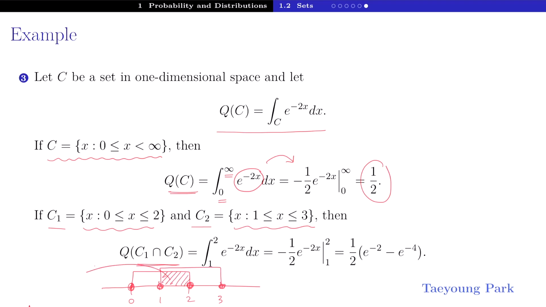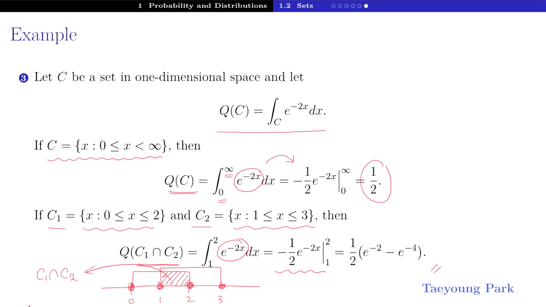So this one corresponds to C1 intersection C2. So q of C1 cap C2 is the integral of e to the minus 2x from 1 to 2, and then we can just do this integral, which is 1/2 times e to the minus 2 minus e to the minus 4.